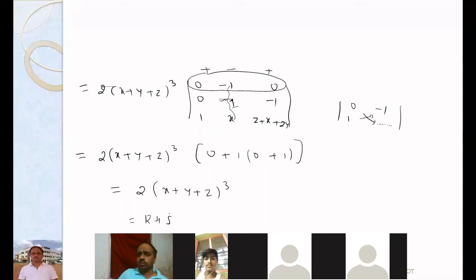So like this you have to do the problems. Always look at the right hand side. If you want x plus y plus z, or a plus b plus c, usually you have to add all the rows or columns: R1 plus R2 plus R3, C1 plus C2 plus C3. If it is x minus y, a minus b, then R1 minus R2, C1 minus C2. You have to subtract if it is minus.